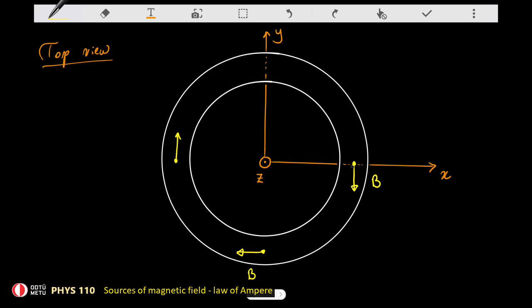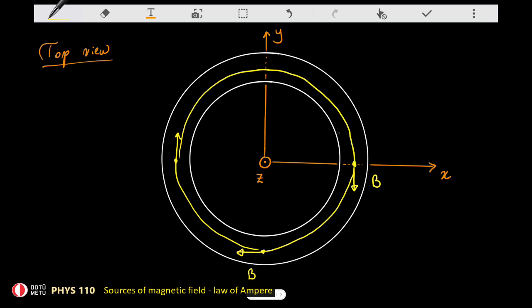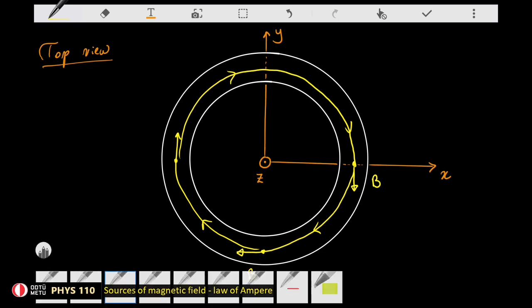And so when you draw the magnetic field lines, you're going to obtain a circular shape in here, a circle which has the same symmetry axis as the symmetry axis of that shape. So the magnetic field lines in here are just circles. And at every point on that circle, the magnetic field has the same magnitude.